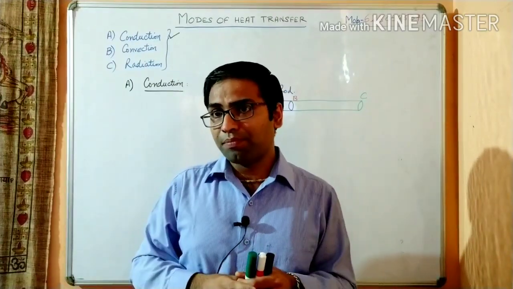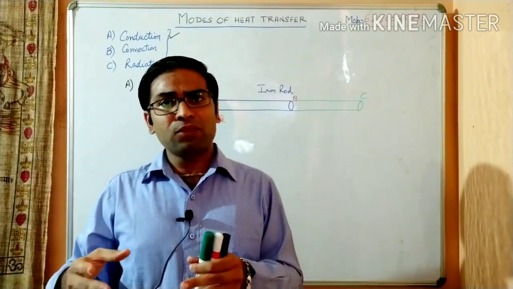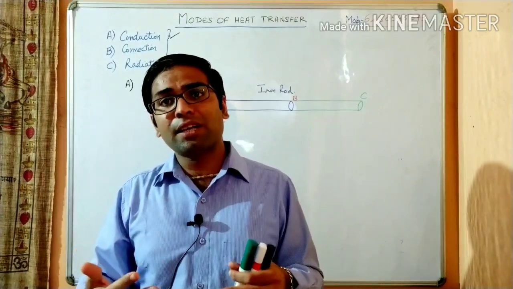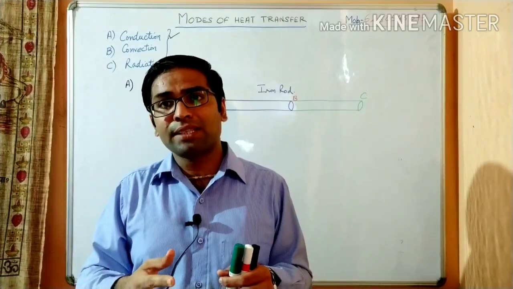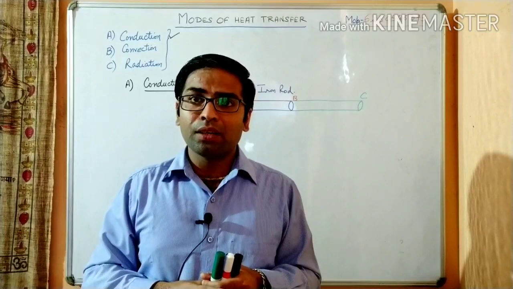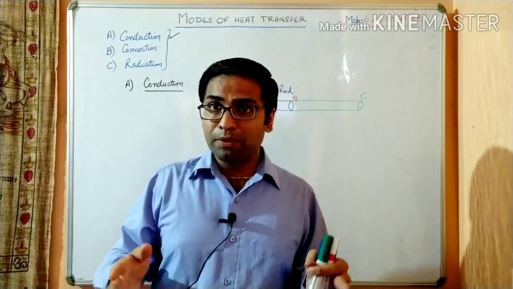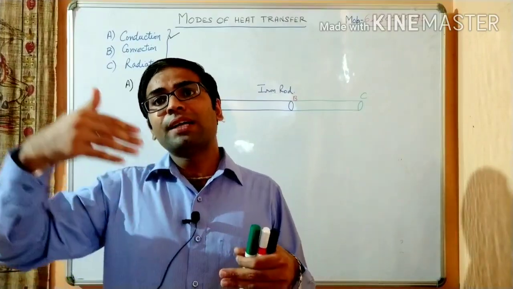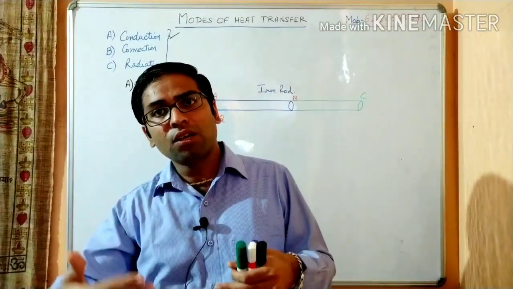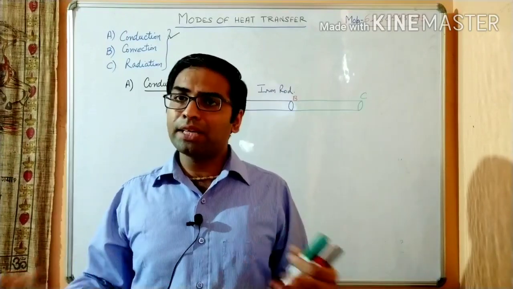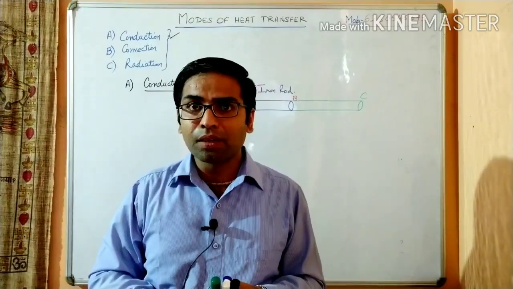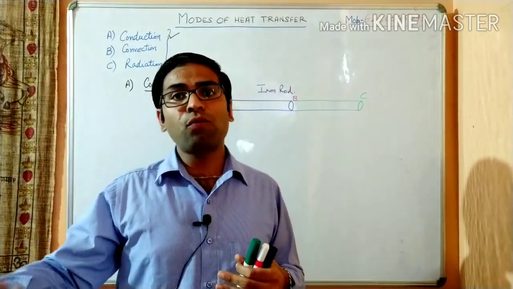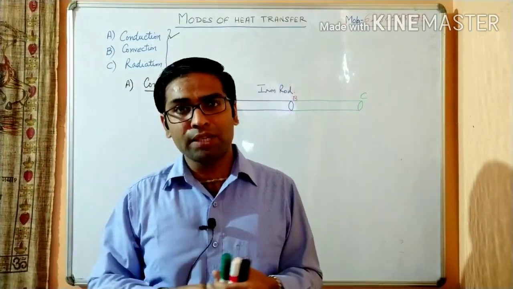So this is conduction. Why this heat transfer happens, whether it is conduction or convection or radiation, heat transfer is basically because of a driving force, that is the temperature difference. Whenever there will be a temperature difference between the two sections, the heat will automatically start flowing from the region at higher temperature to the region at lower temperature. This is a spontaneous process of nature. Like the current starts flowing from a region of higher potential to a region of lower potential.